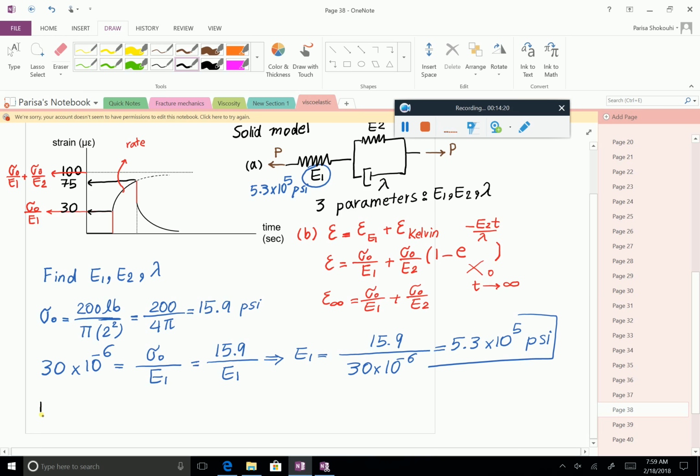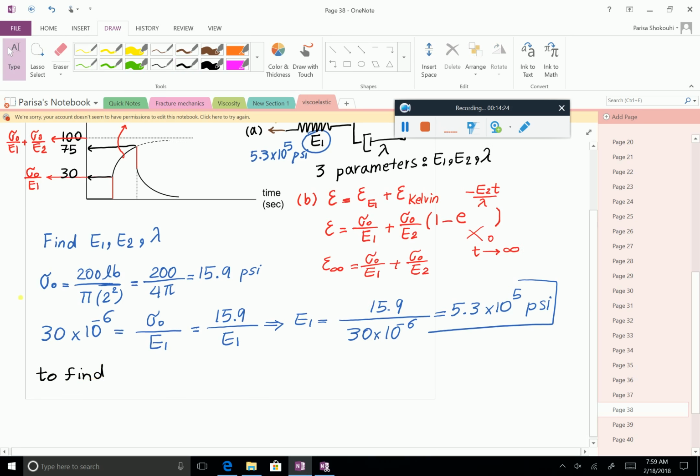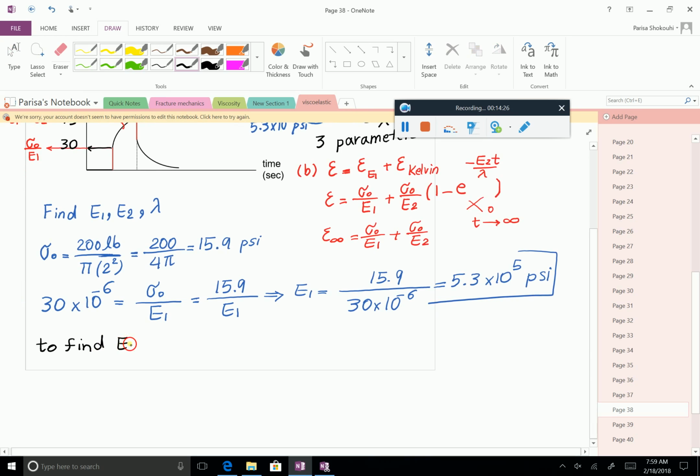So to find E2, we say, okay, we know that sigma 0 over E1 plus sigma 0 over E2 is equal to 100 microstrain.